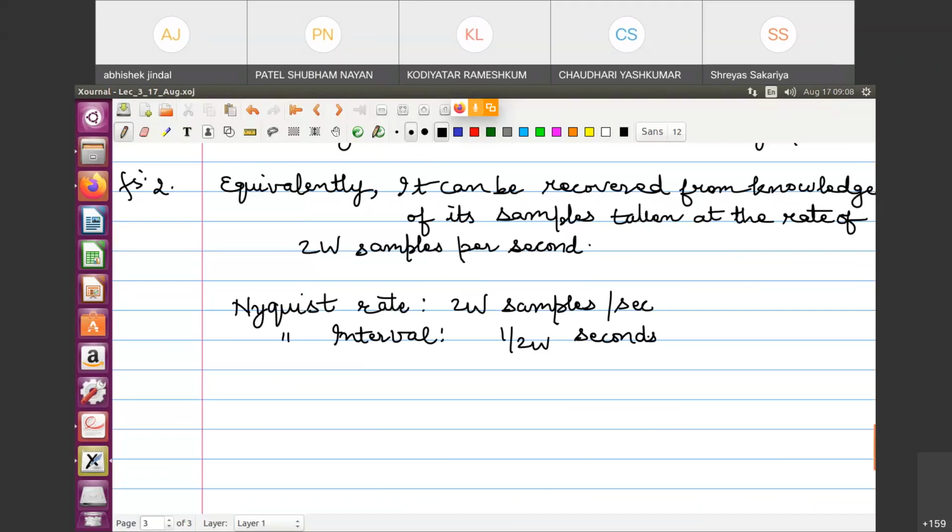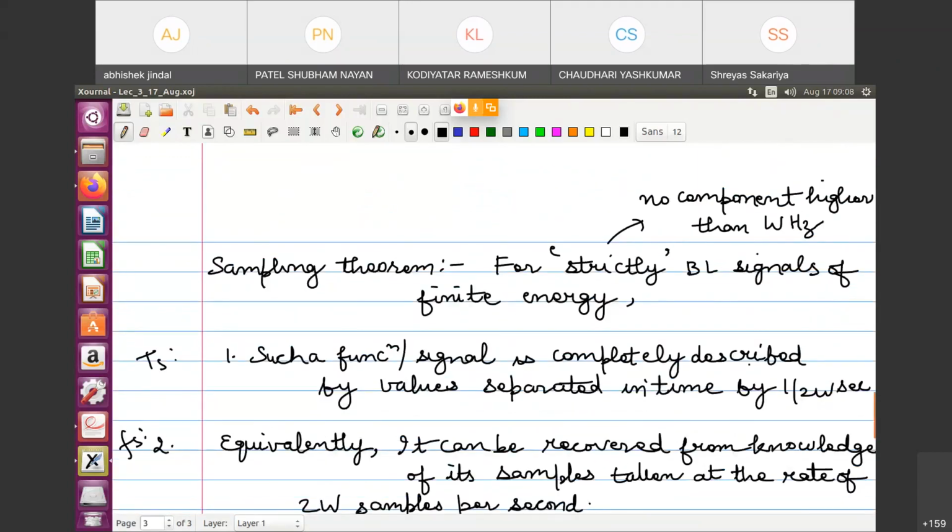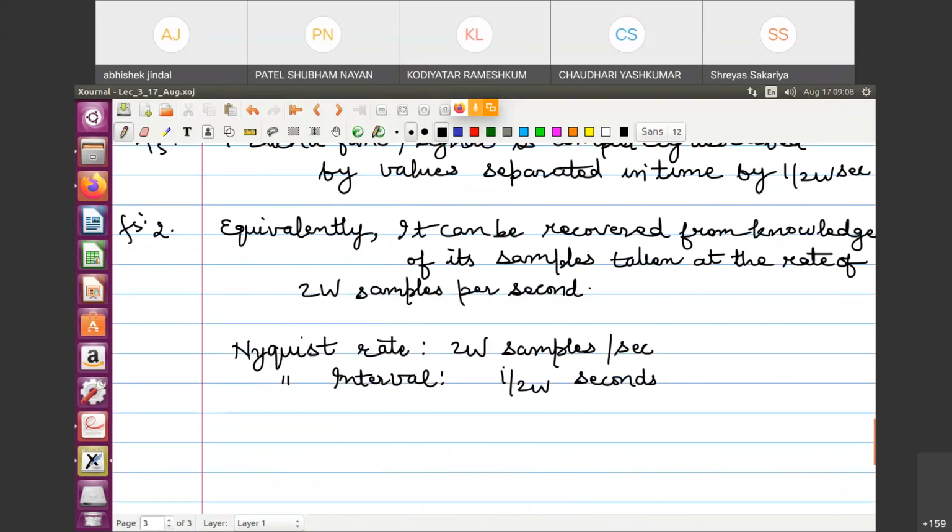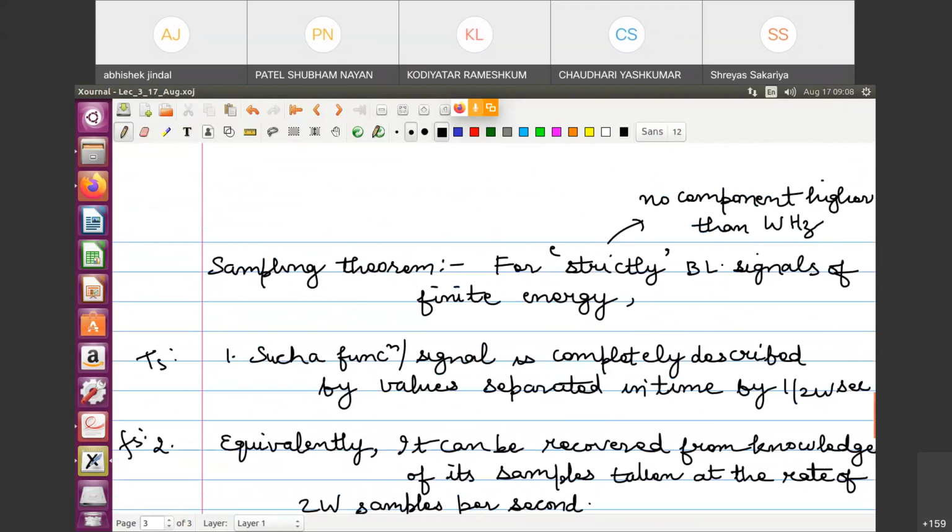And I think this Nyquist rate and Nyquist interval, at least theoretically, is defined for strictly band limited signals. So we are done with the sampling theorem, which we did from Simon Haykin, and I have clearly mentioned the section in the lecture break of 5 in the class drive.